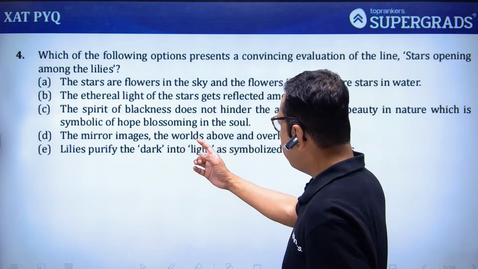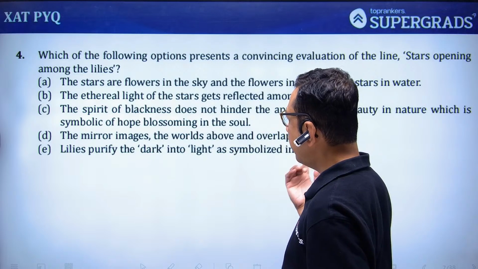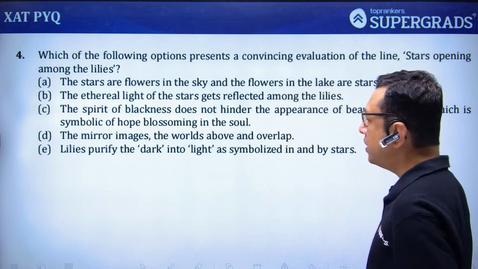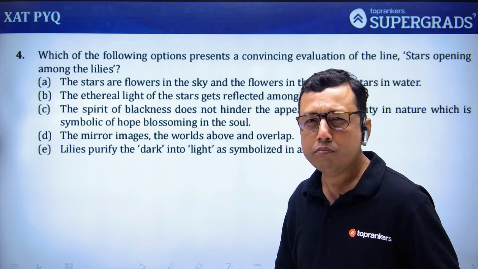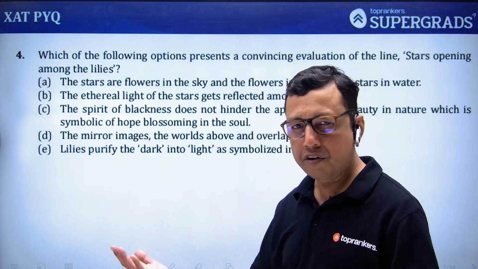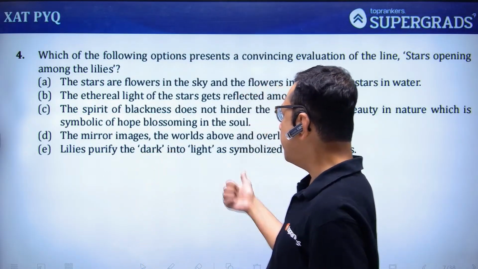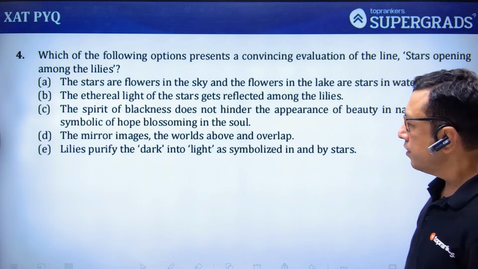The mirror images the worlds above and overlap. So the mirror images the worlds above and overlap. No, it doesn't talk about the mirror images. Okay, there's a contrast. Lilies purify the dark into light as symbolized in and by stars.